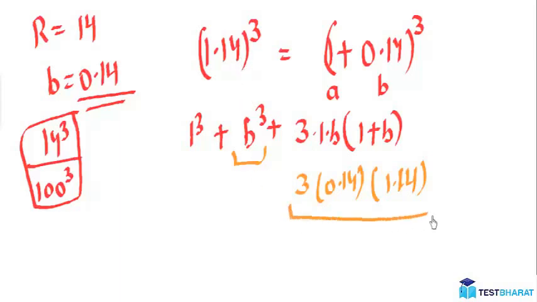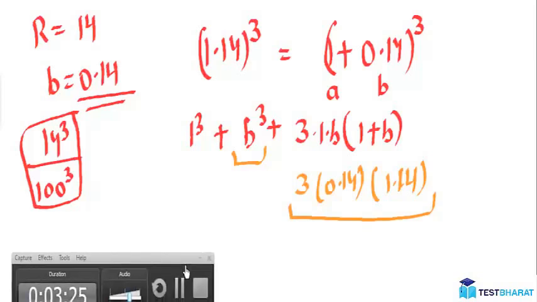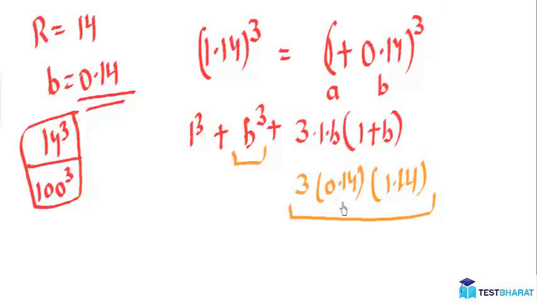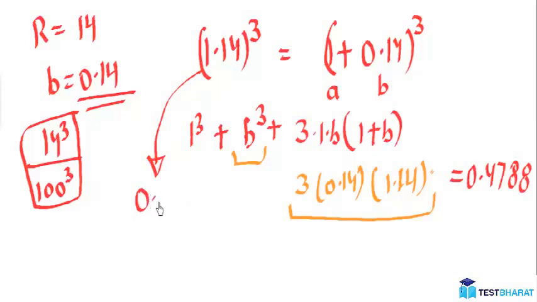Then whatever I get here, if you work this out, you will get 0.4788, and if I calculate the cube of 1.14, that is 0.4815.